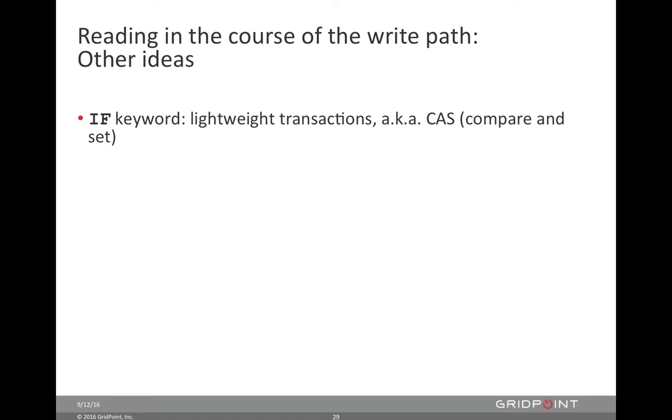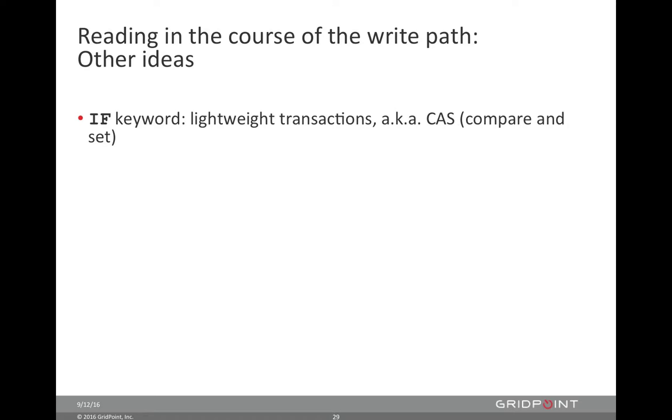This is where the if keyword comes into play. And the moment you introduce the if keyword, you're doing a more expensive coordinated operation than a simple statement. You're entering the world of lightweight transactions, or CAS, compare and set, which was introduced in Cassandra 2.0.